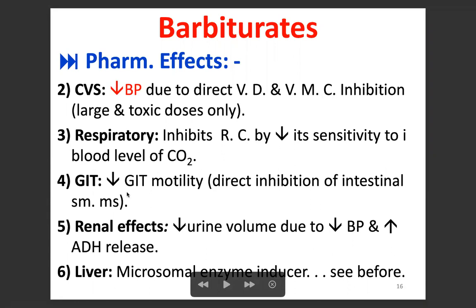In the GIT, it decreases the GI motility, by direct inhibition of the intestinal smooth muscle. Renal effect: decrease in the urine volume due to decrease in the blood pressure and increase in the antidiuretic hormone release. And in the liver, it is a microsomal enzyme inducer, so it affects all the systems.